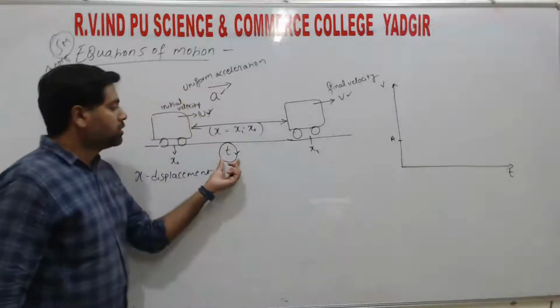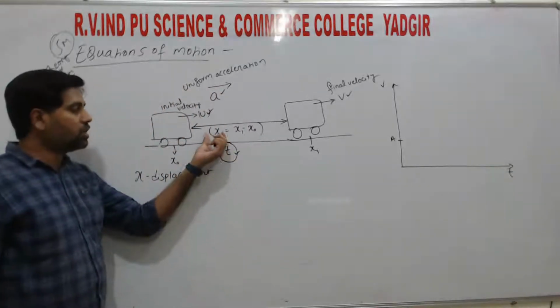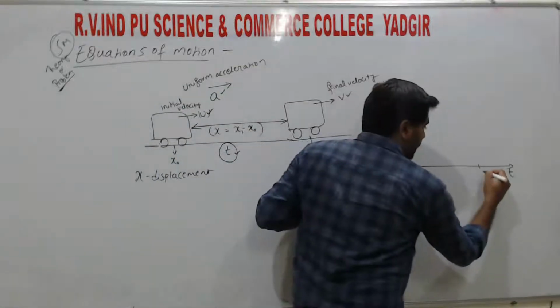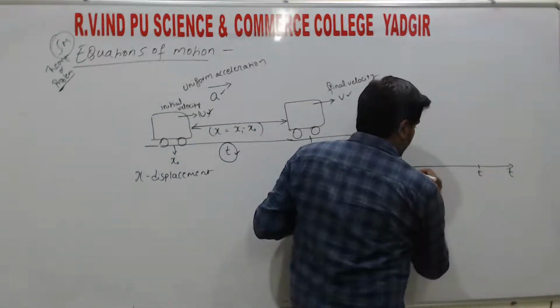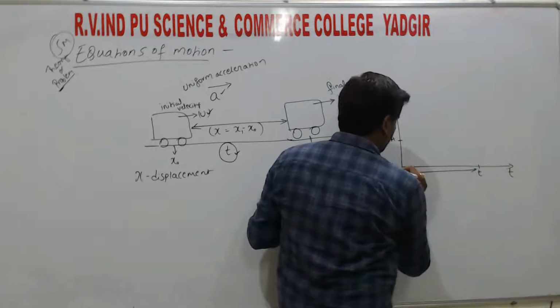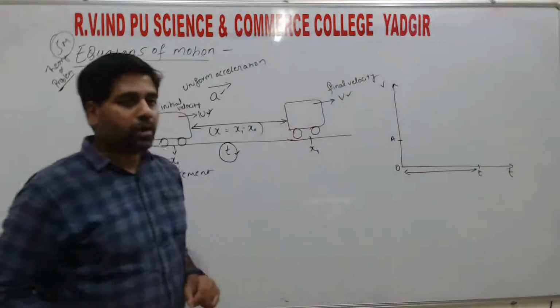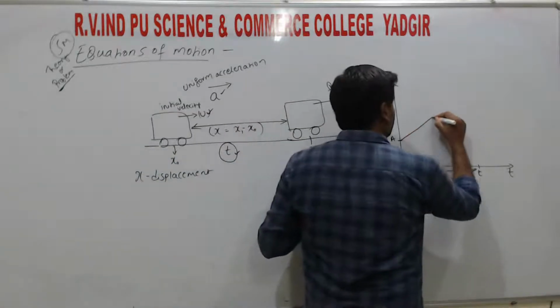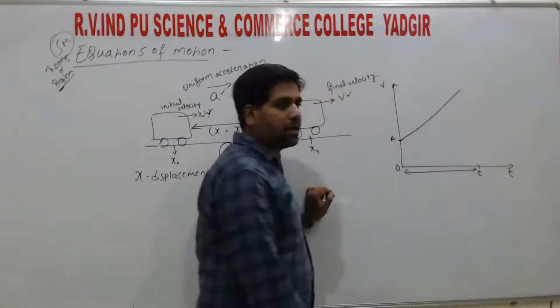So it covers a certain distance or displacement. For the time t, along the x-axis I will take this time as b, and call the origin O. Moving with uniform acceleration, the curve is a straight line.